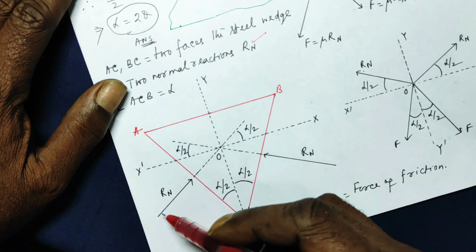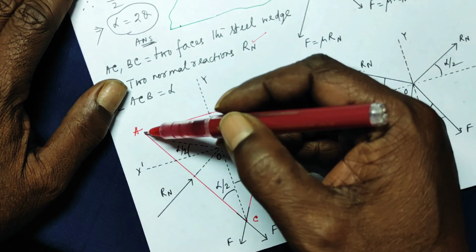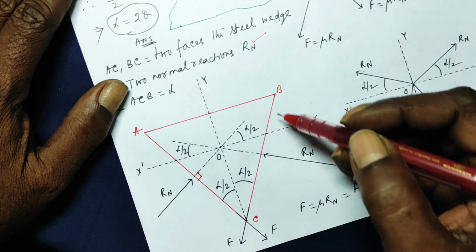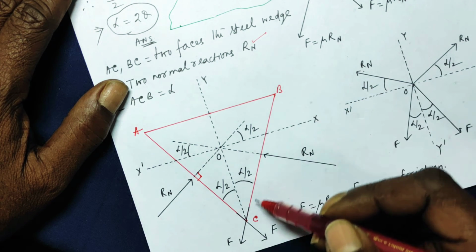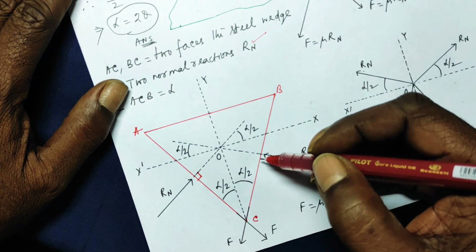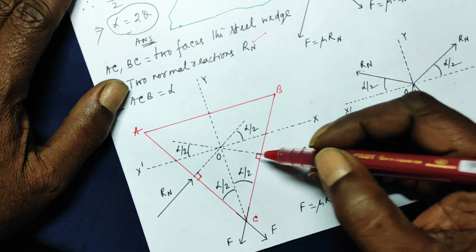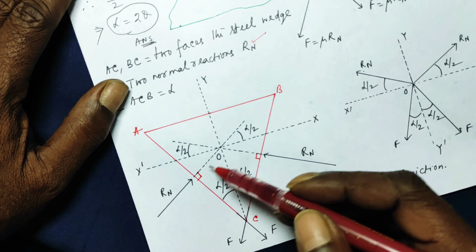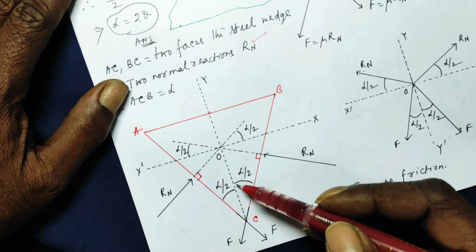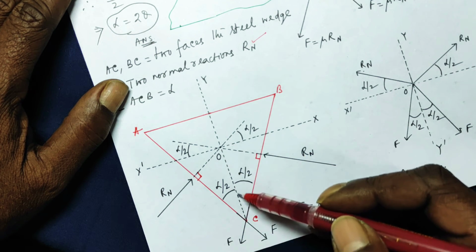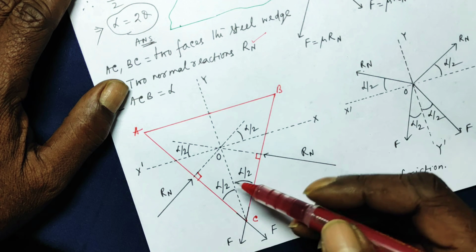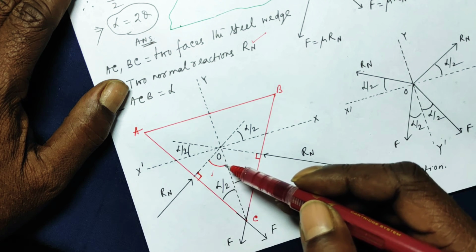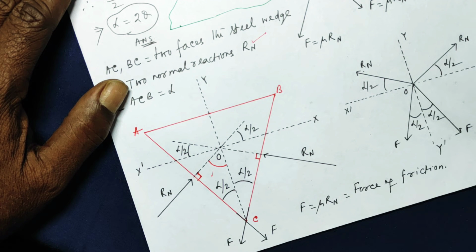Now look, since this is normal to the surface AC, this angle is 90. Since this normal reaction is normal to the surface BC, this angle here is also 90. Now if you look at this triangle, this is alpha by 2, this is 90, so this will be 90 minus alpha by 2.